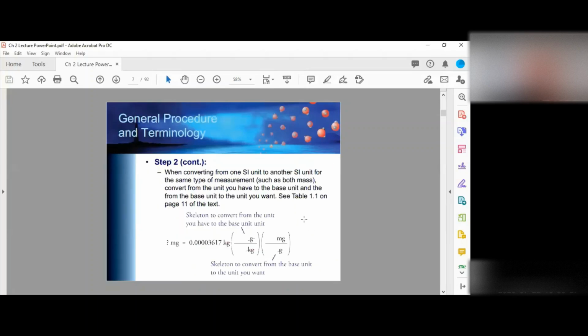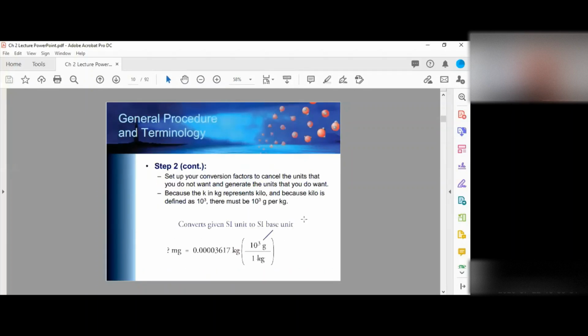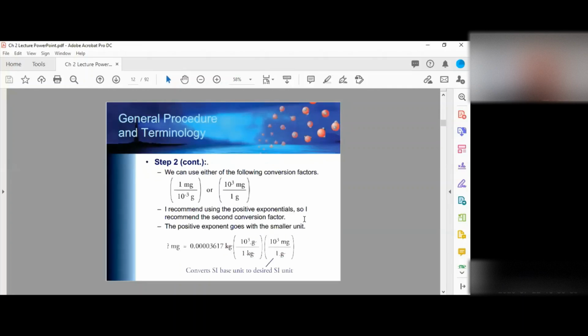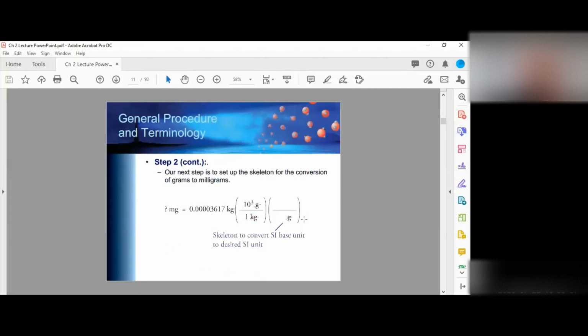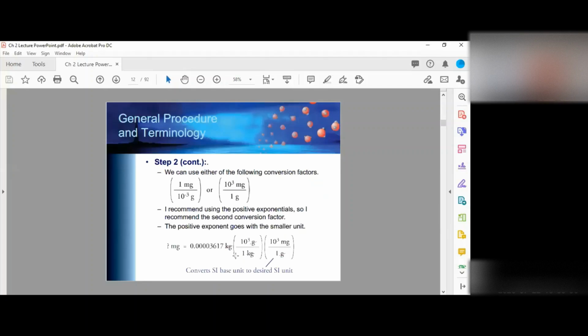Let's take an example. If I have, let's see, okay, well, let's talk about this question, asking you to go from kilogram to gram.